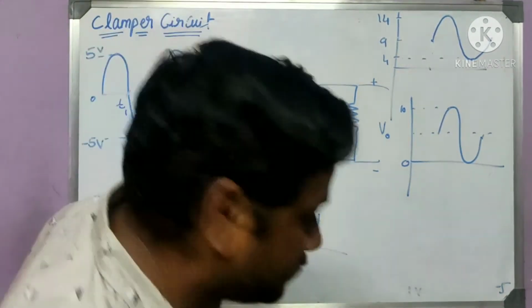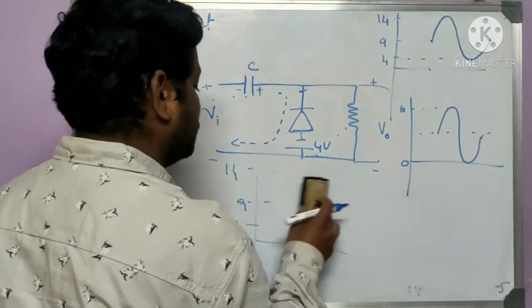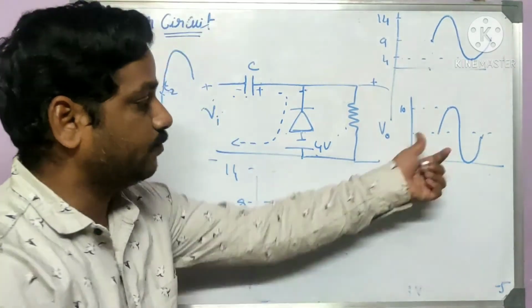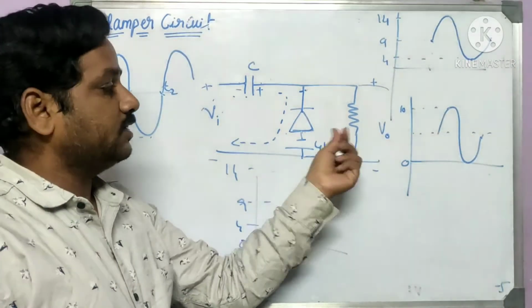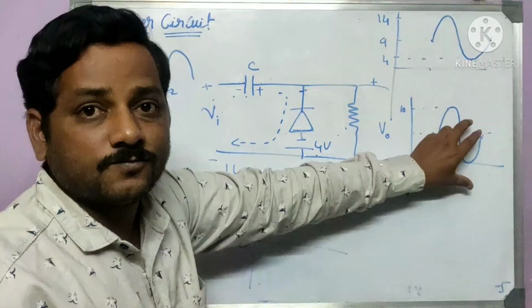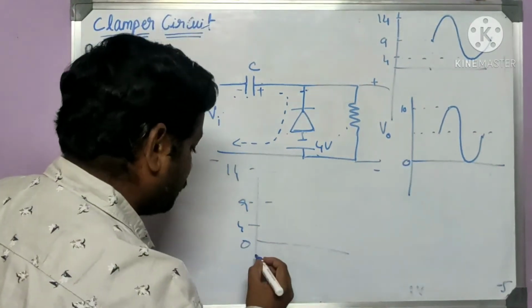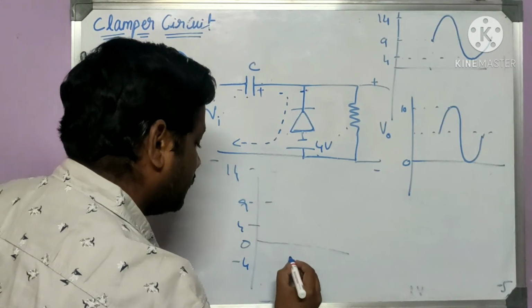So what happens for this circuit? We can say the output will be something like this. Without this source, it is positive. This is the output. Now with this minus 4 volt, it will be shifted downwards, by negative 4. So we can have minus 4 here and we get the output like this.